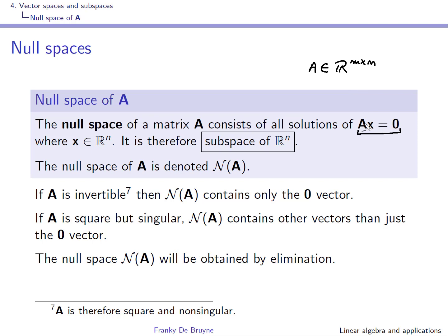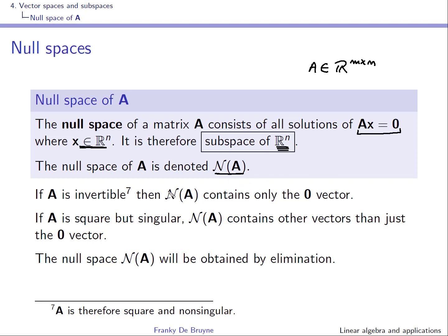For x to be compatible in this product, x must be in Rn, okay? So if we look for all x that make this equation Ax equal to 0, of course it will generate a subspace that is now a subspace of Rn, okay? And we'll denote the null space by N(A), the null space of A.